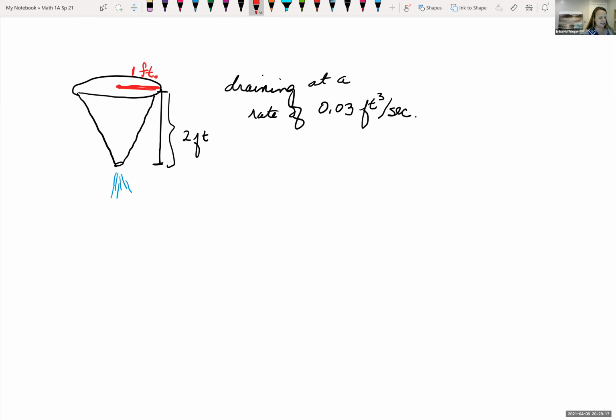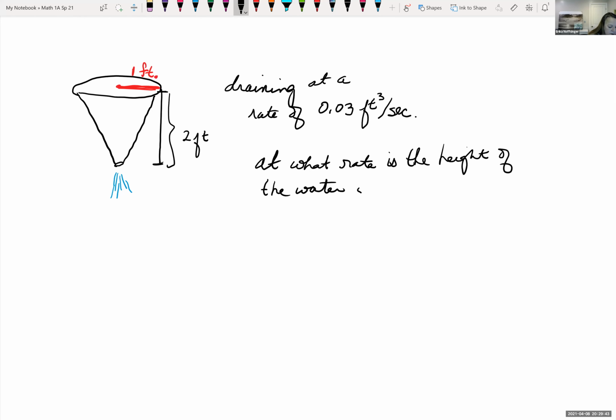Okay, so knowing that, it wants us to answer the following question. At what rate is the height of the water in the funnel changing when the height is a half a foot?